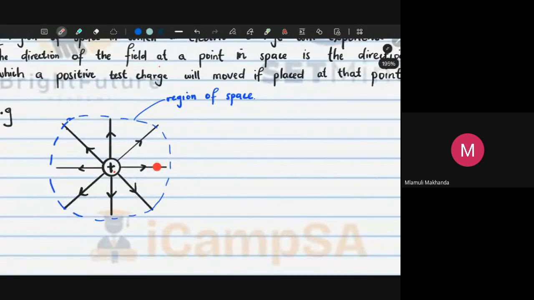So at this point, we just imagine that we are putting a positive Q. Now, we know that like charges repel.